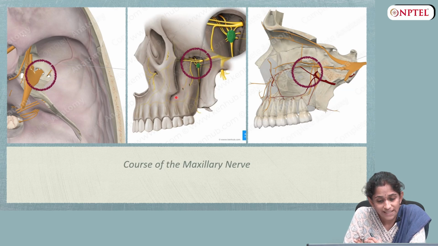Once they enter the bone, they form the posterior superior dental plexus. This dental plexus, the posterior superior alveolar dental plexus, supplies the third molar, the second molar and the first molar.